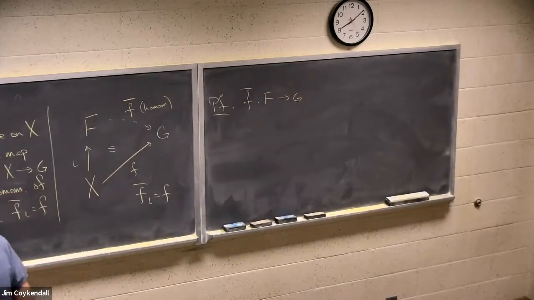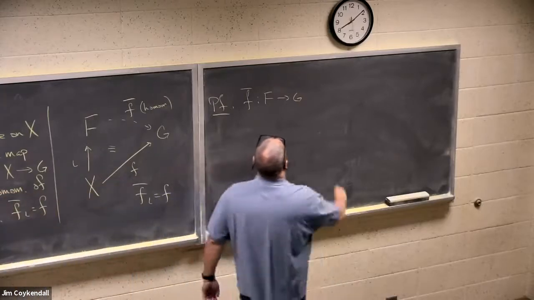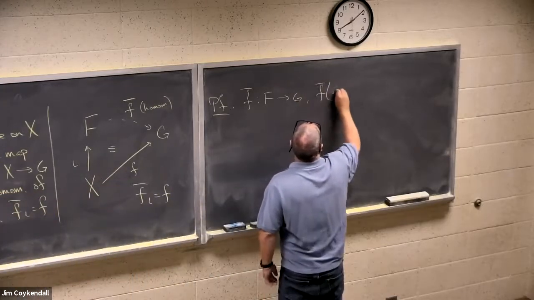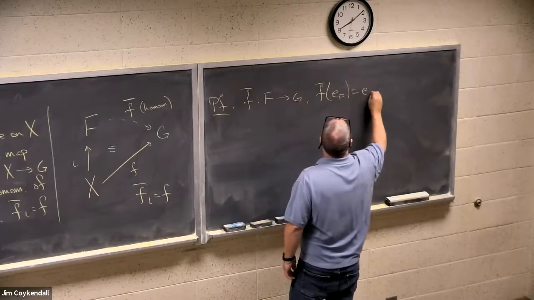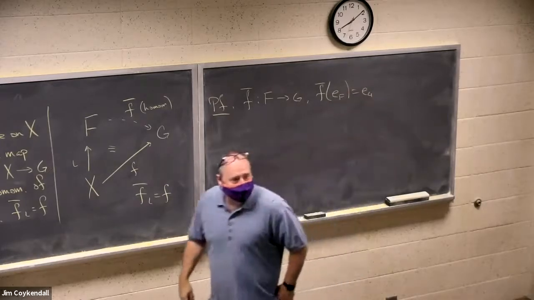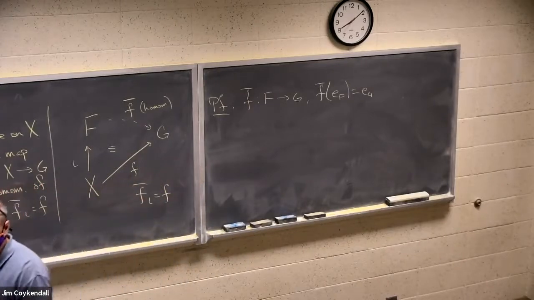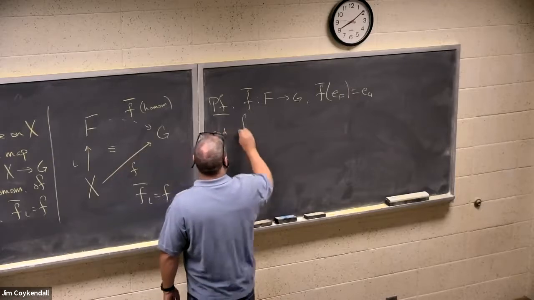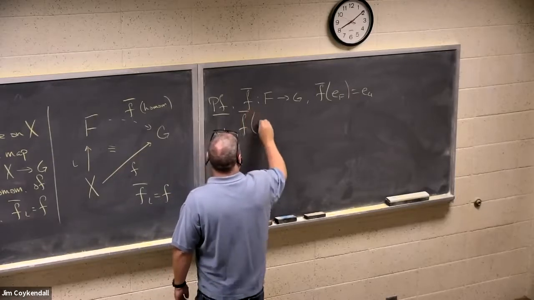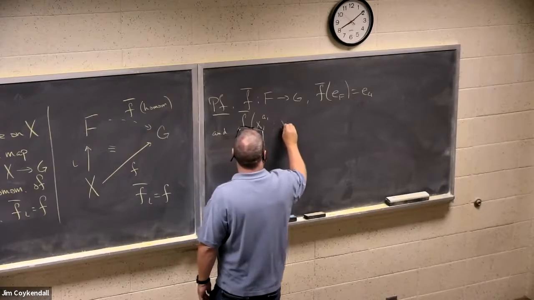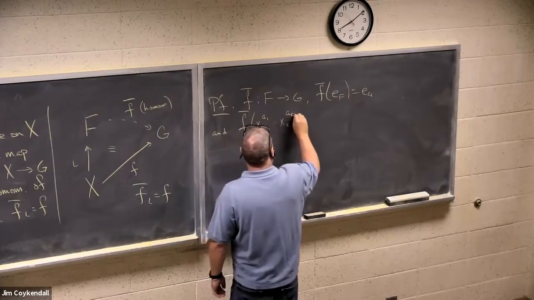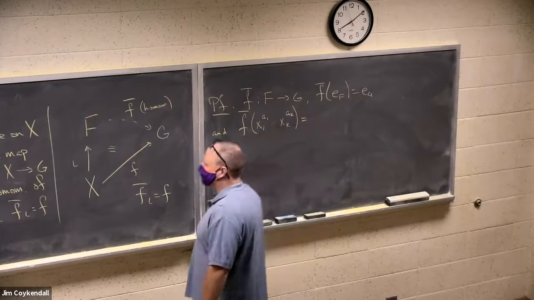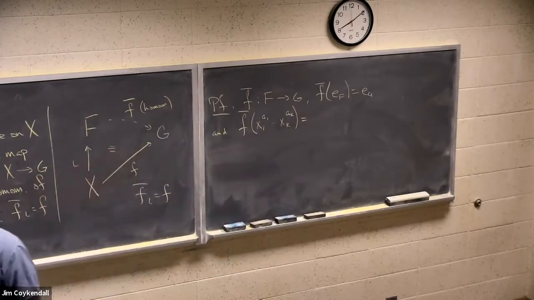So I'm going to take, just kind of be careful, I'm going to take the identity of the free group into the identity of G. And in general, well, where should I take that?